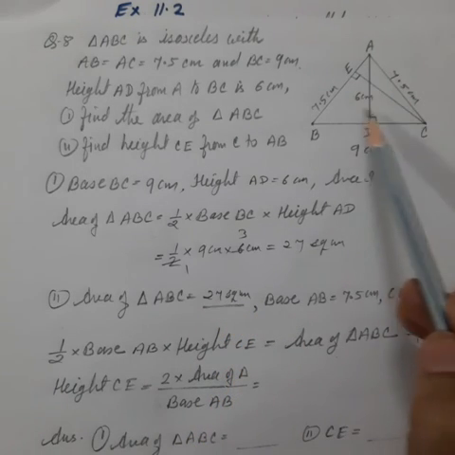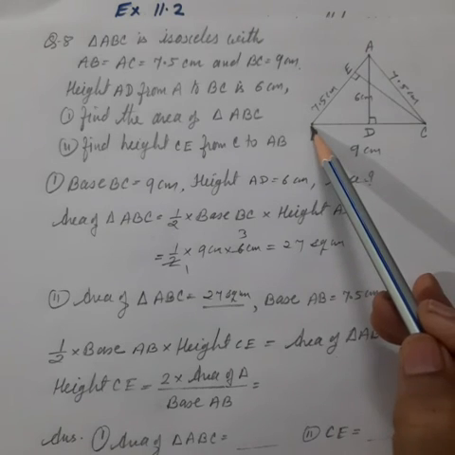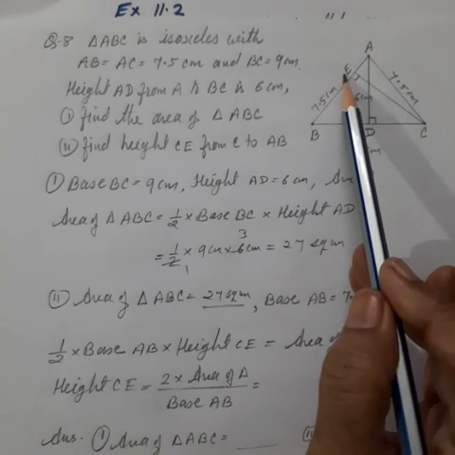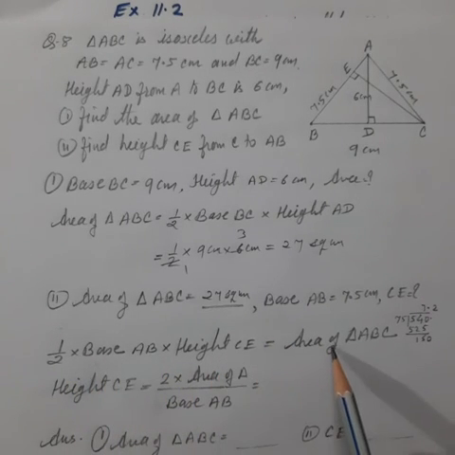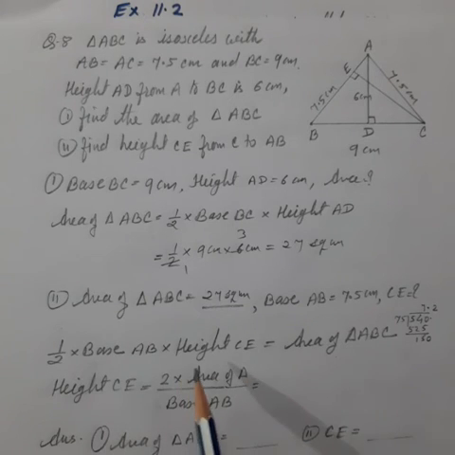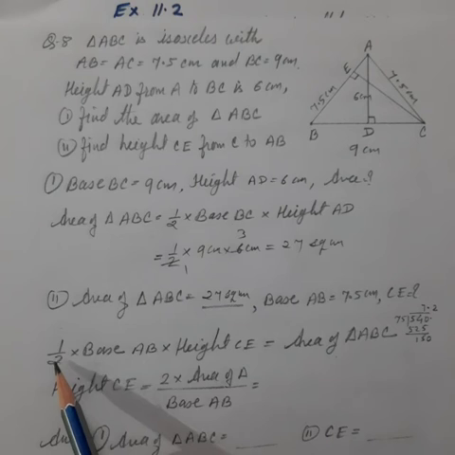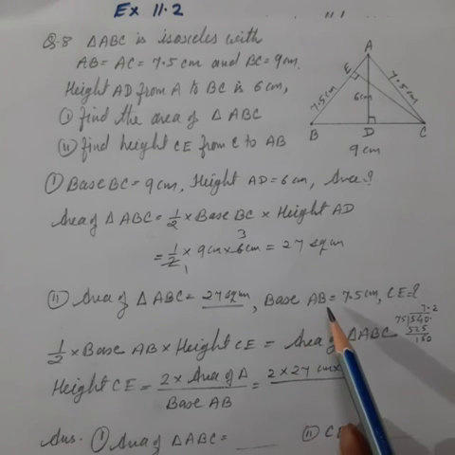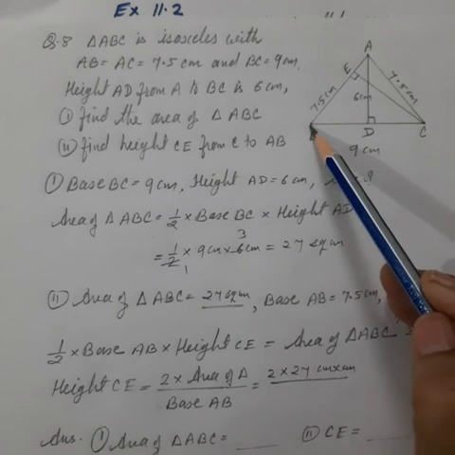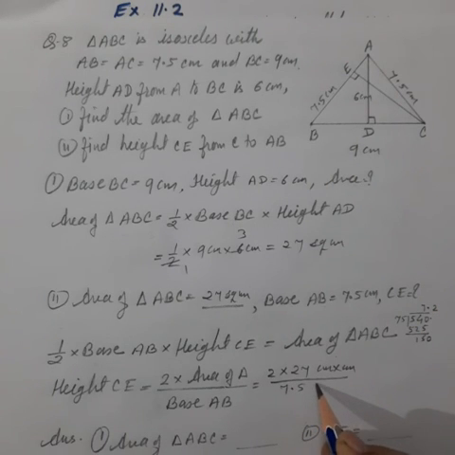Now we have area of this triangle and a base AB. We can find out height CE. So again the formula is half base into height equal to area of triangle. We want height CE. So take this 2 here in the numerator and AB here in the denominator and put the values. 2 into area of triangle is 27 centimeter into centimeter and AB, this base, is given 7.5 centimeter.